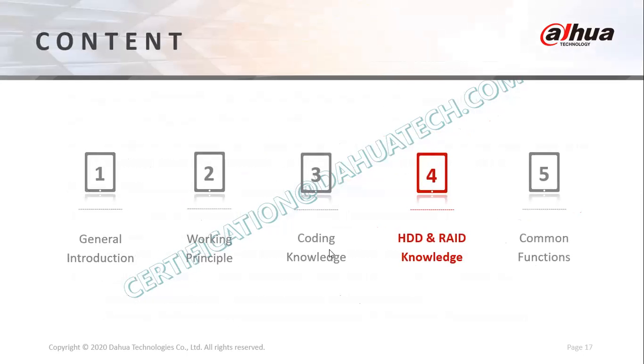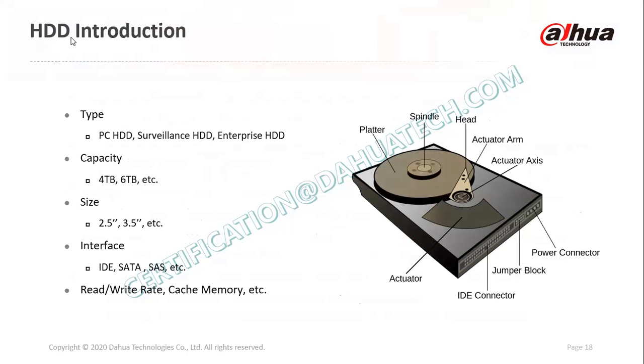So let's do a bit of information about hard disk and RAID technology. Introduction to hard disk. We have different types of hard disk that we use in Dahua products, basically in our storages.